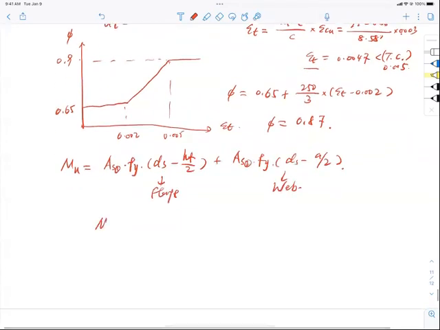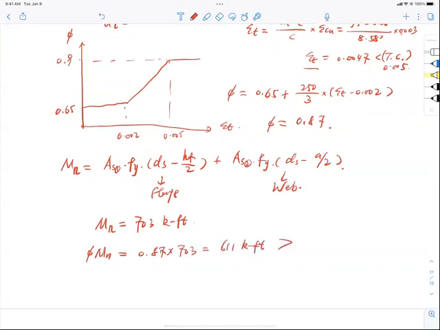So Mn, not Mu, equals a number. I'm just going to calculate it straight out, and you can do it yourself. That is 703 k-ft. So phi Mn equals 0.87 multiplied by 703. So I have 611 k-ft, which is greater than Mu, which is 533 k-ft. You forgot, but this is the number I was given. So design done.